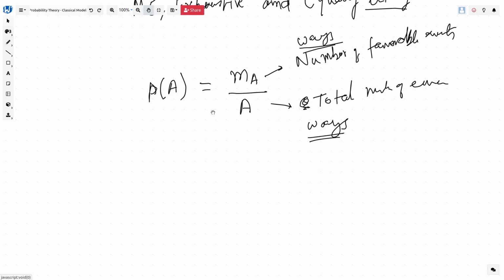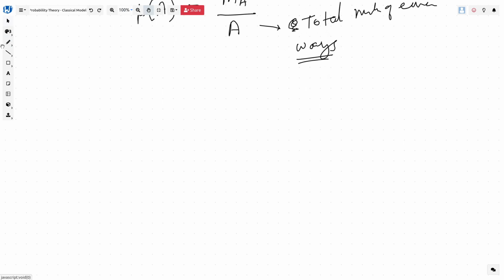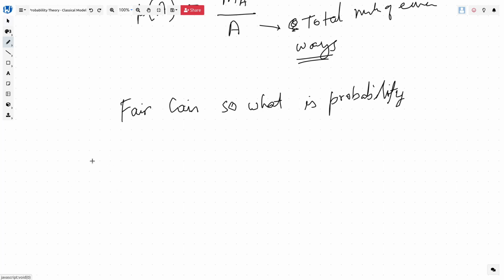So let's get started with a few of the basic examples. Let's say we have a pair of dice, a pair of coins. I'll go slow here with very basic examples, and we will move to the tougher questions later on. Probability of getting a head, right?